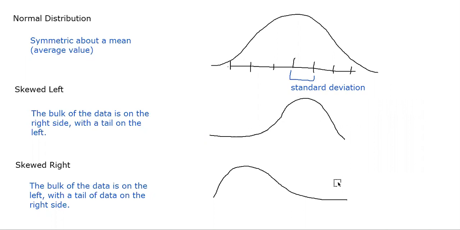So if I were to look at the amount of data between this first deviation to the left and first deviation to the right, that's going to account for, excuse me, 68% of the data here.